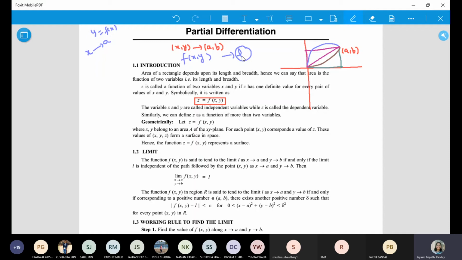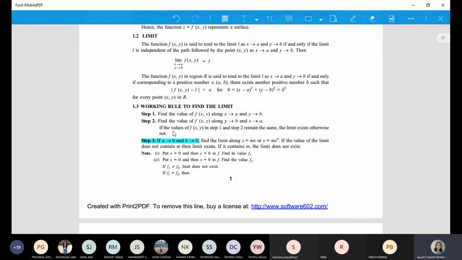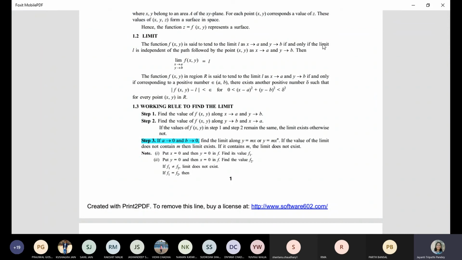All right. Now let us see how it affects. Just see. Before I take, I want you to read the definition. The function fxy is said to tend to the limit L as x tends to a and y tends to b if and only if the limit L is independent of the path followed by the point xy as x tends to a and y tends to b.